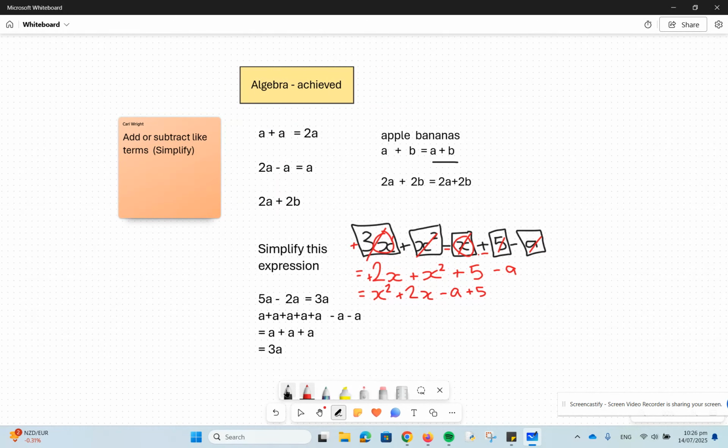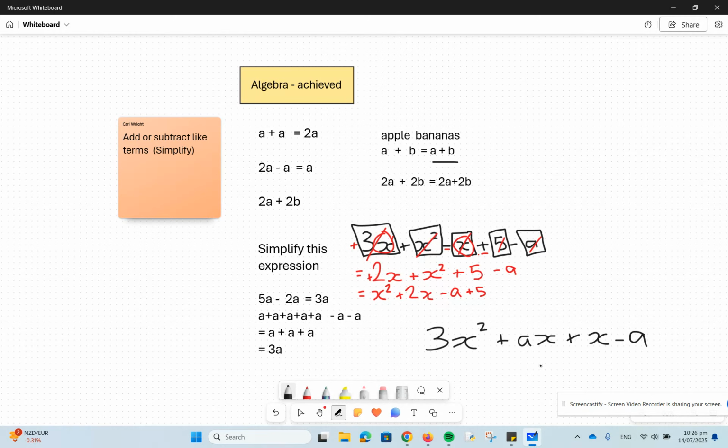If I'd done another harder one like 3x squared plus ax plus x minus a.